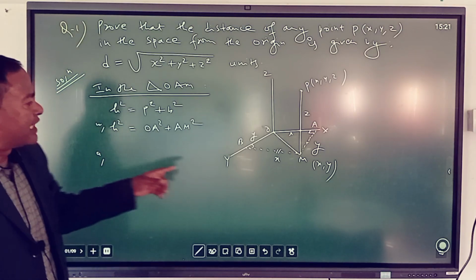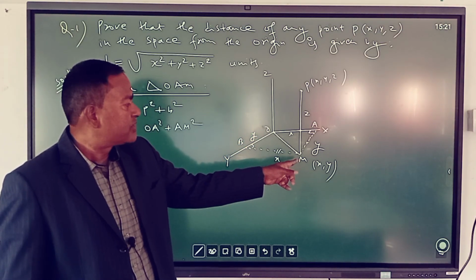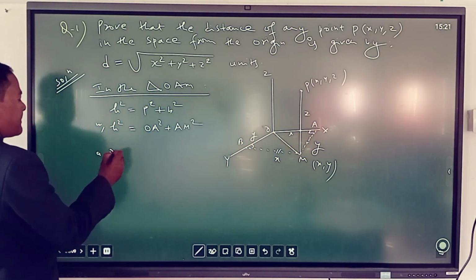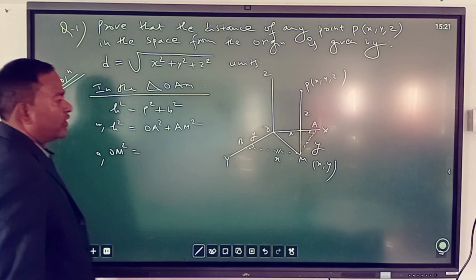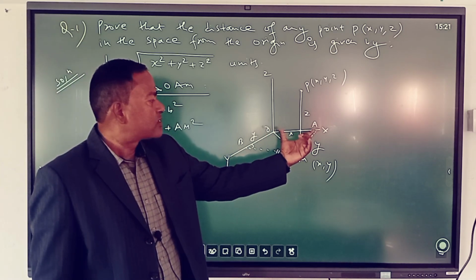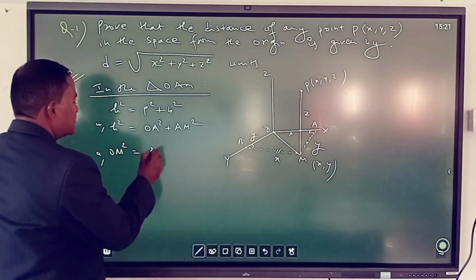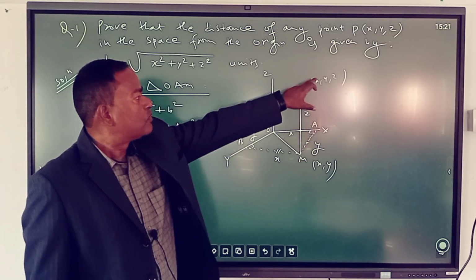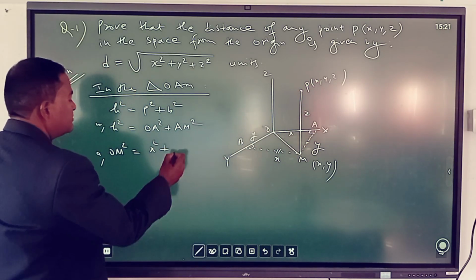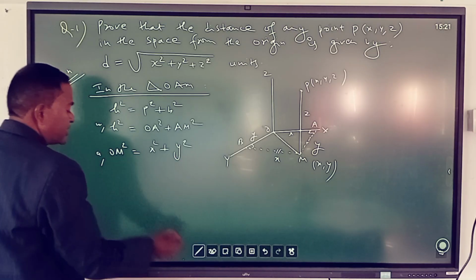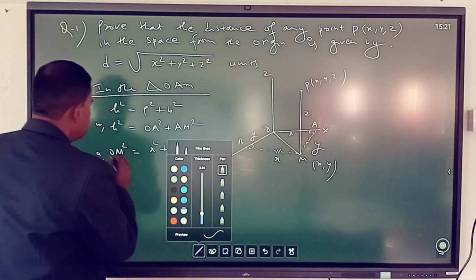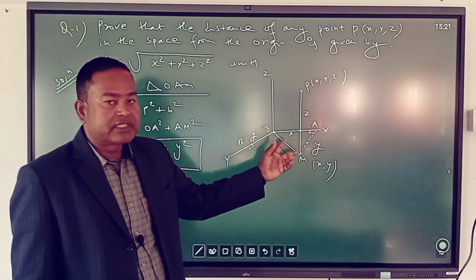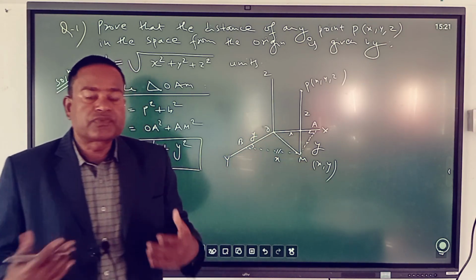Here H means OM, which is the hypotenuse, because it is opposite to the 90 degree angle. So OM square is OA square plus AM square, where OA is the x coordinate of the point P and AM is the y coordinate of the point P. So the value of OM square is x square plus y square.